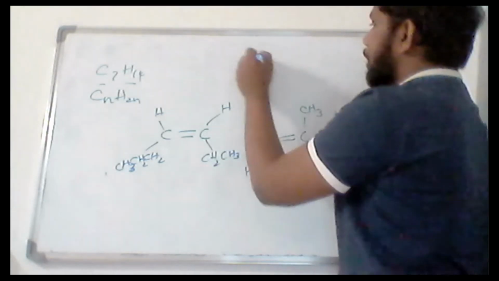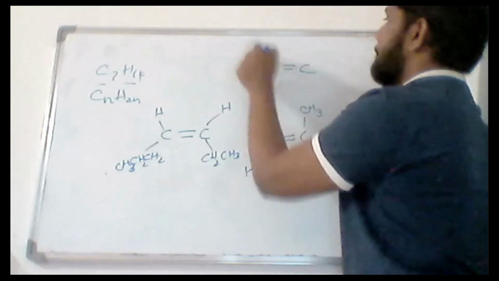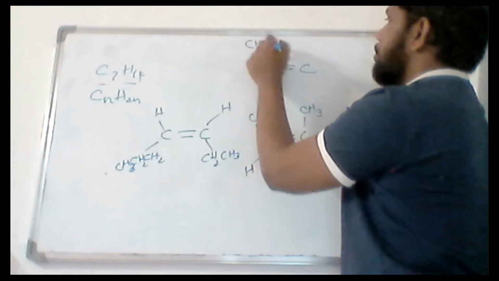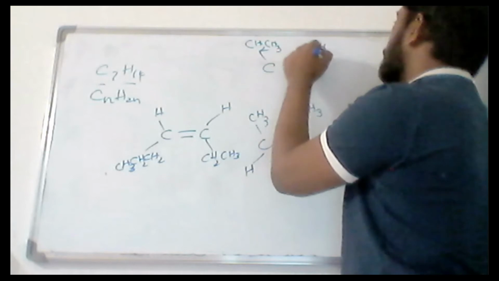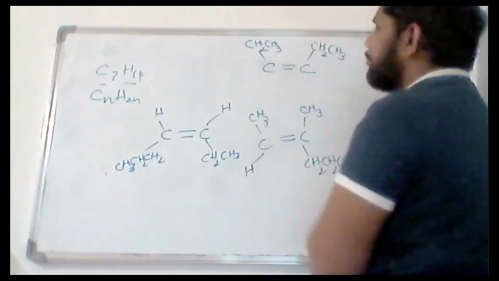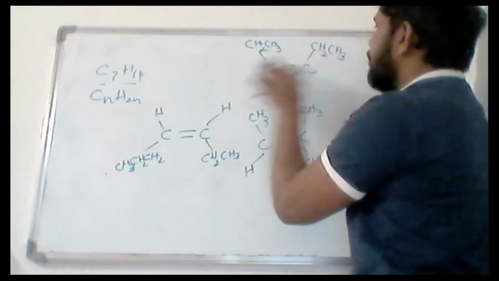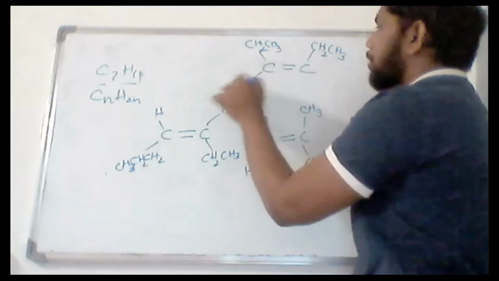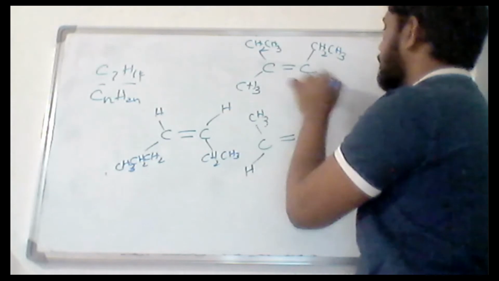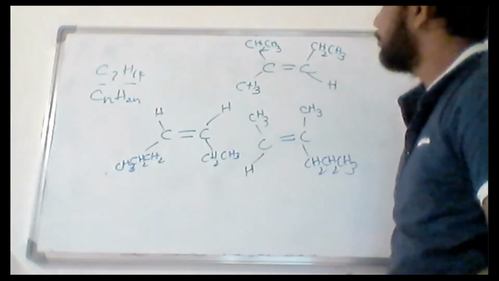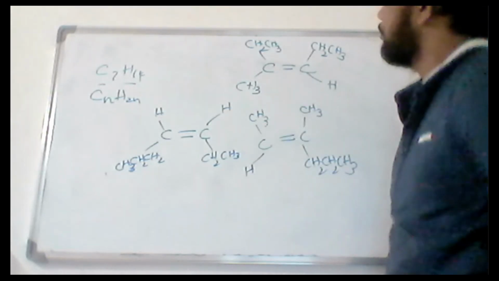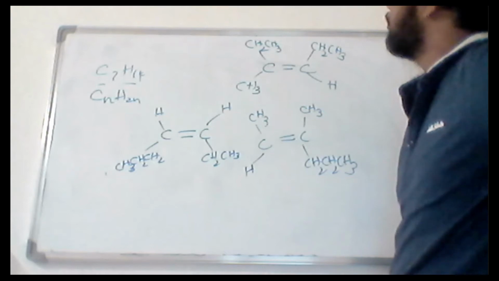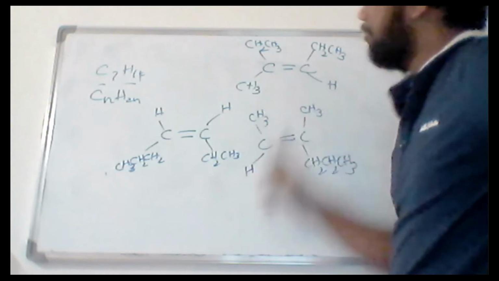And we will use another one, CH2CH3, CH2CH3. So 1, 2, 3, 4, 5, 6. I have used 6 carbons, so this could be CH3 and this could be this one.